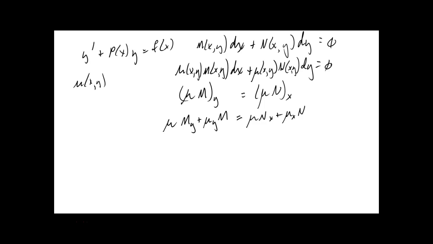Now, wouldn't it be nice if we could figure out what the mu is? That's the whole problem here. If we can find the mu, we can do it. So let's get the mu's together and everything else on the other side. This doesn't have a mu in it, so let's subtract this from both sides.